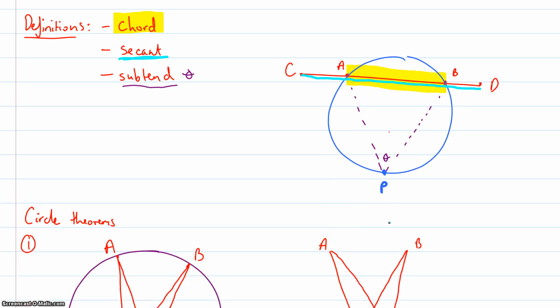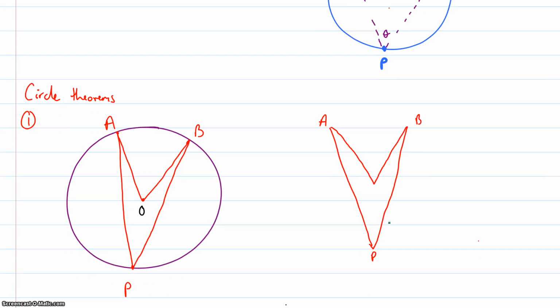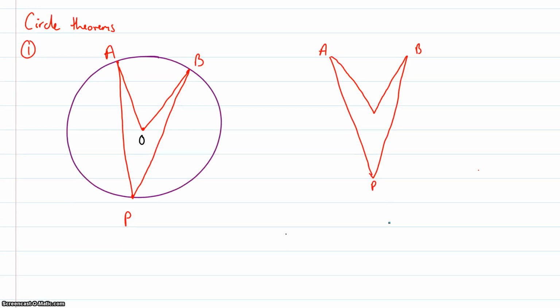Okay, there's a couple of theorems that I want to go through with you, and here's the first one. I'm going to explore this angle in here and this angle in here and see how they are similar and how they are different.